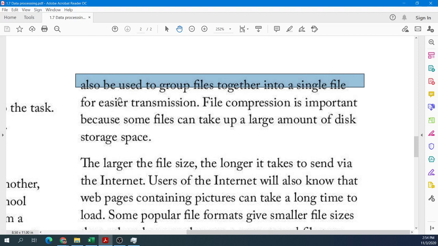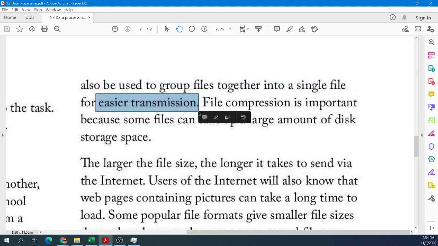That makes it easier for transmission. Say for instance you have 10 photos to send to your friend. Instead of sending all 10 photos, you can group all of those photos into a single file with file compression and just send one file.